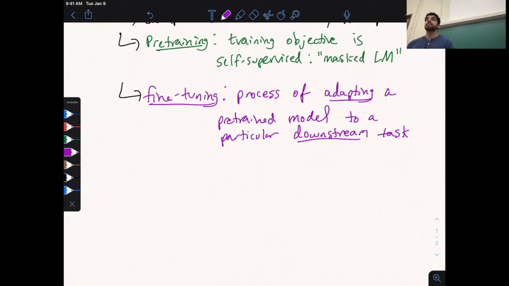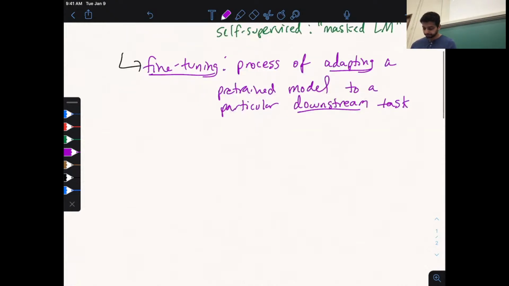So remember, last time we also discussed this word downstream task that refers to any specific task that you care about solving as part of your job or whatever. It is not a general purpose task, right? It's a very specific task that you care to solve. And the way you're going to solve it is by taking a general pre-trained model and then adapting it via whatever method you wish. And so last time we had discussed fine-tuning as one of these algorithms.